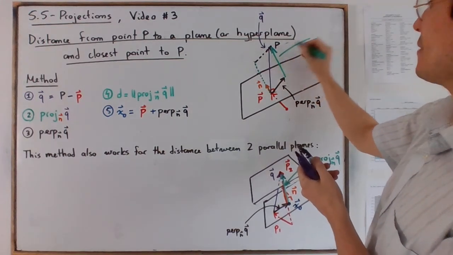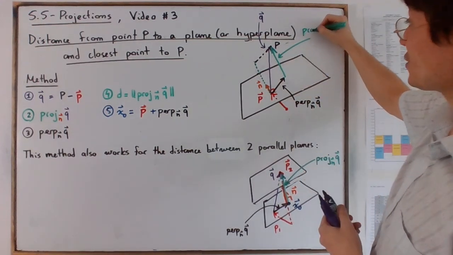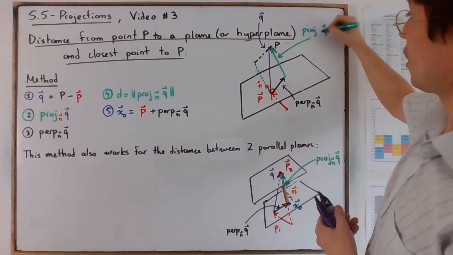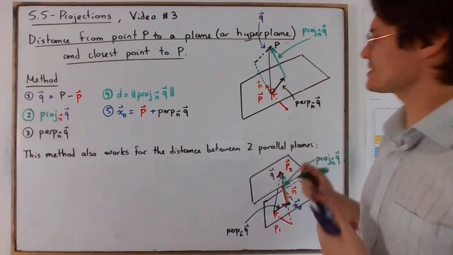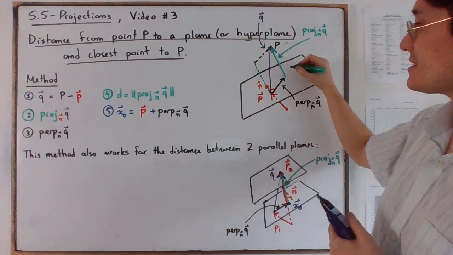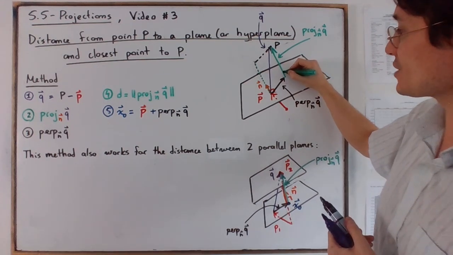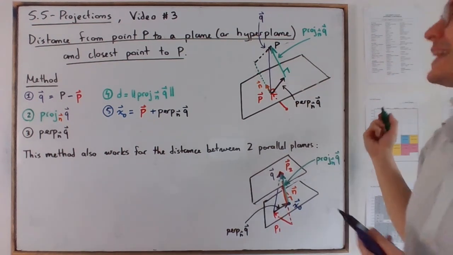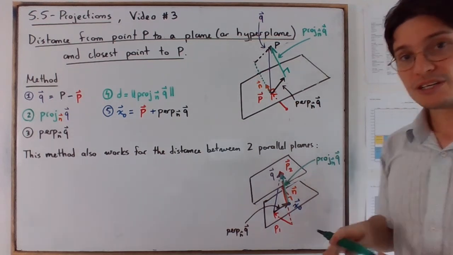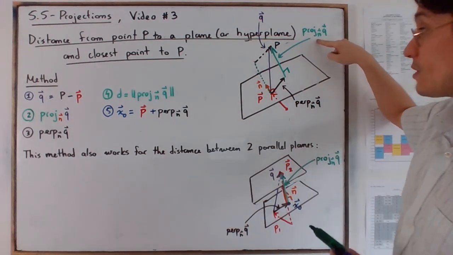This guy right here will be the projection of q on n. And why does this give the shortest distance? Because this projection is going to be perpendicular to the plane. So we found this.